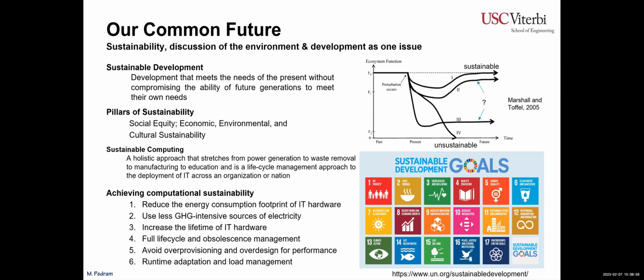All right, so there's many different definitions of sustainability. If we focus on sustainable development, it is defined as the kind of development that would allow us to meet our needs at the present time without sacrificing the future and reducing the resources that will be available to them in the future.